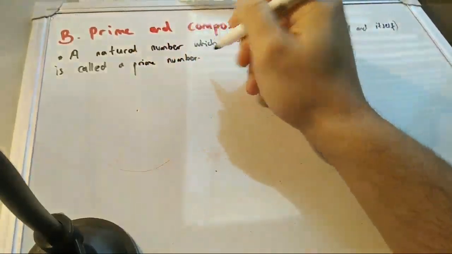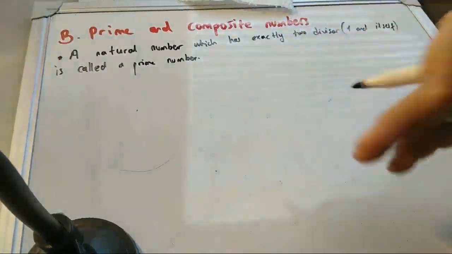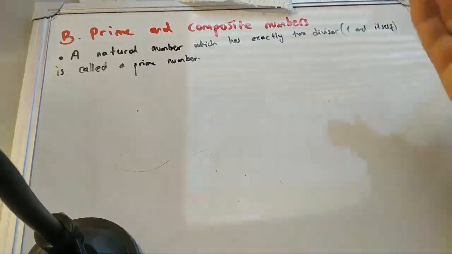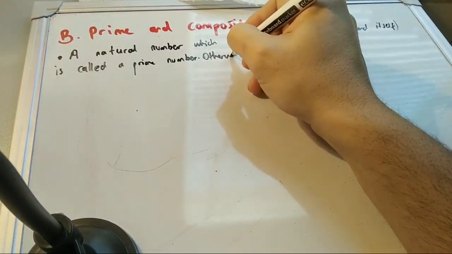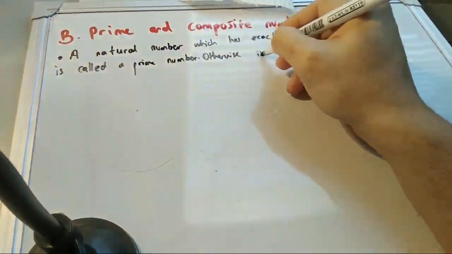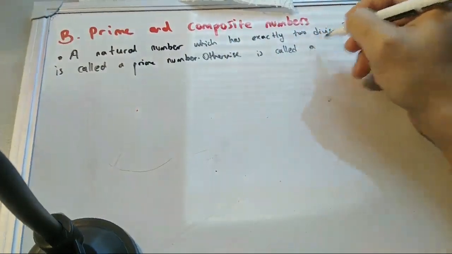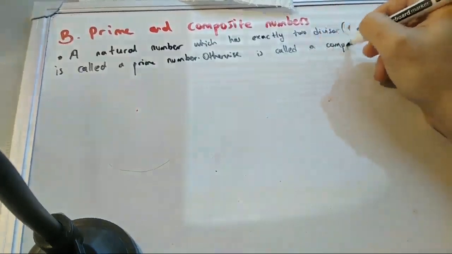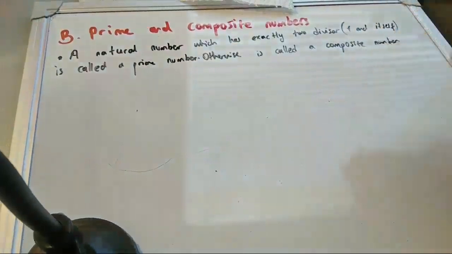And otherwise, if a natural number has more than two divisors, it is called a composite number.